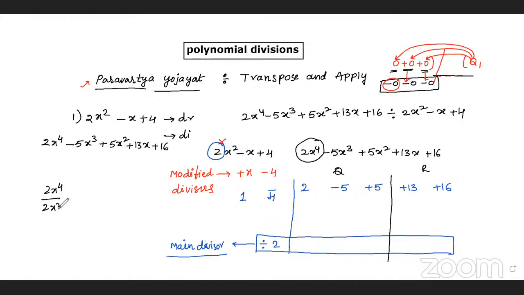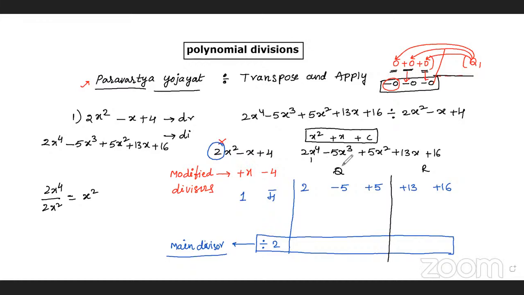Isn't that correct? So we are getting only x square, which means the quotient started with x square. Suppose this is x square, next will be x, next will be the constant. So this will be our quotient value.